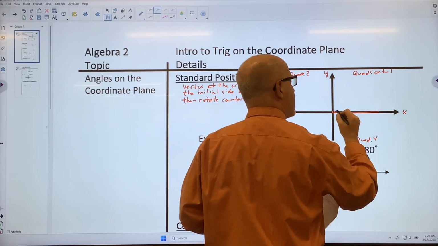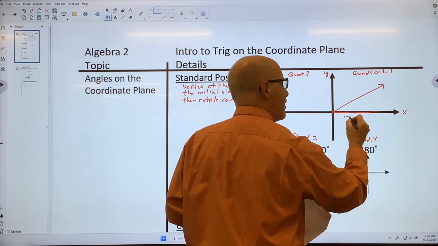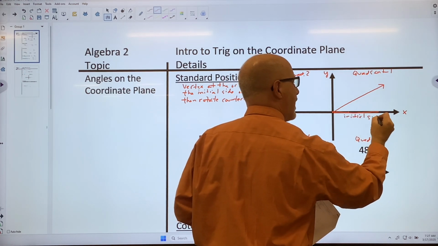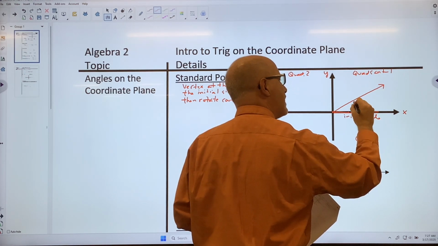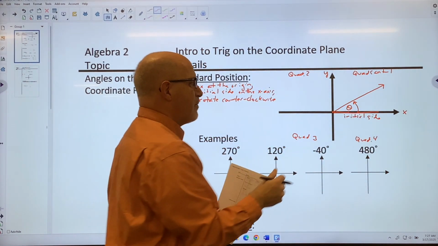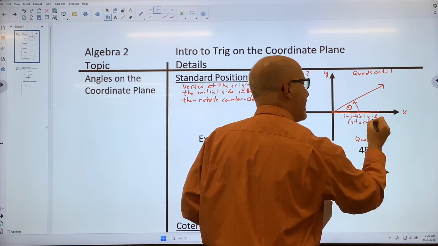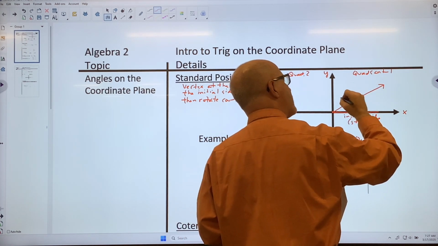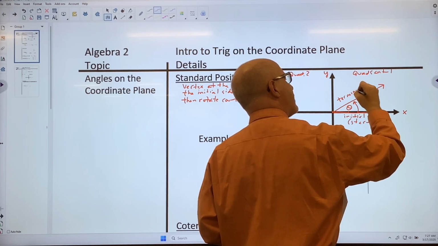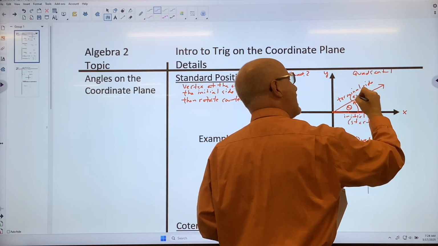So if this were our angle here, our initial side on the x-axis, and then as we rotate the angle up like this, we'll call the angle theta. So if this is our starting point, then this is called the terminal side. This is where it ends.